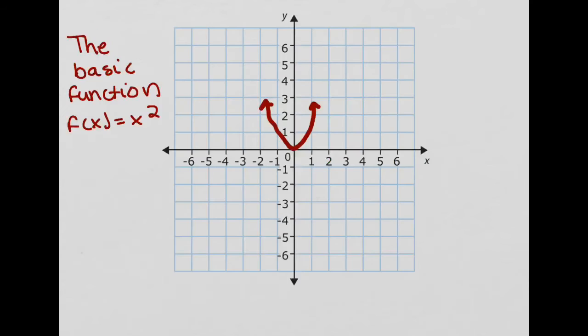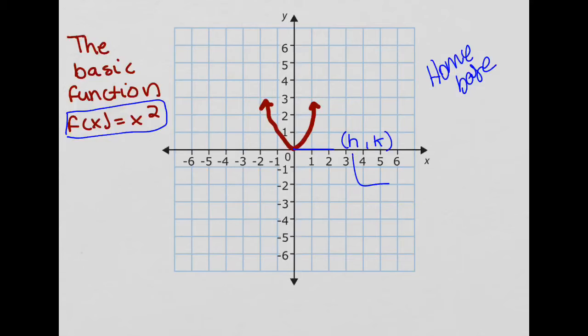So let's see. The basic function of a quadratic is x squared. So f of x equals x squared. This is a home base. Think about it like that, it is right in the middle. The vertex, which we'll be calling (h, k), the h represents the x and the k represents the y.